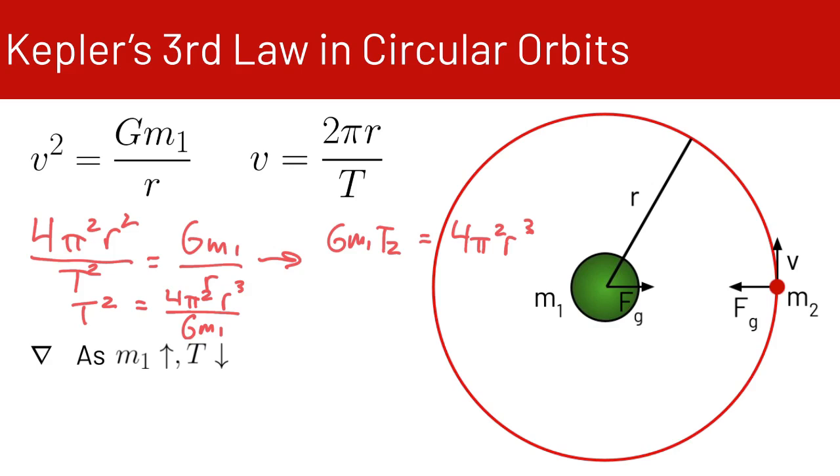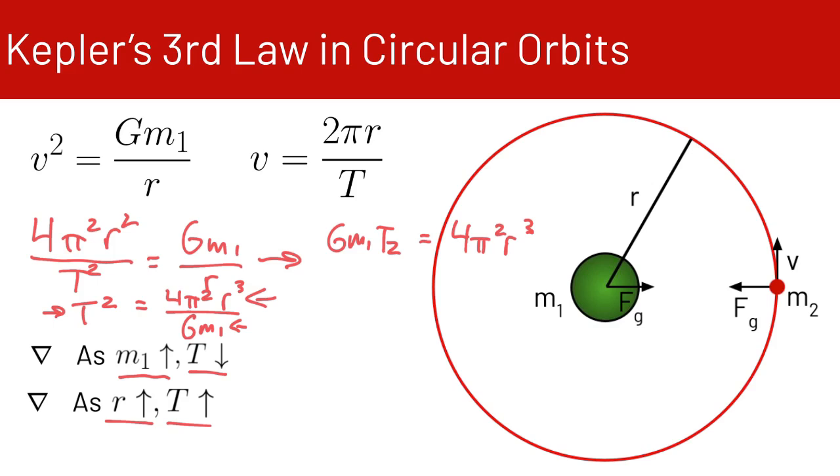So notice here some behaviors. As m1 increases, T decreases. As the bottom of this fraction gets larger, T gets smaller. And also, as the radius gets larger, so as this term gets larger, the period T also gets larger.